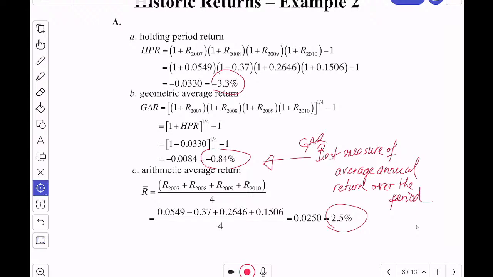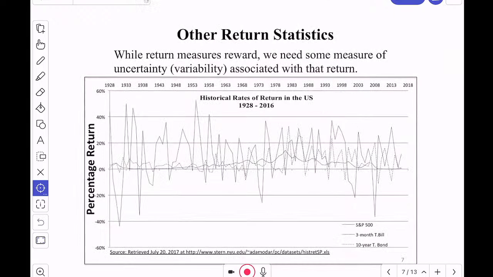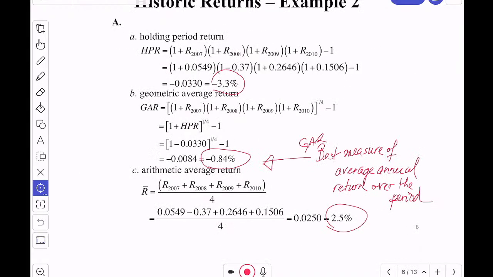Overall, over all 4 years is a loss of negative 3.3%, which on average is almost about 1, right? 0.84. That makes much more sense than this. This would be very misleading. This is a positive return when, on average, this is demonstrating it's not the case.